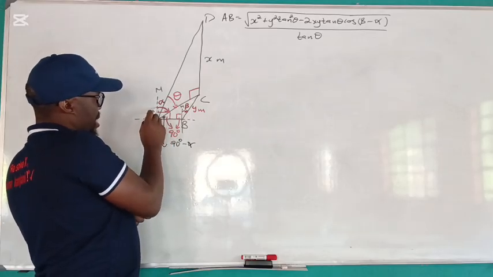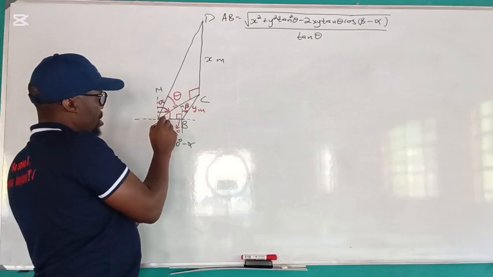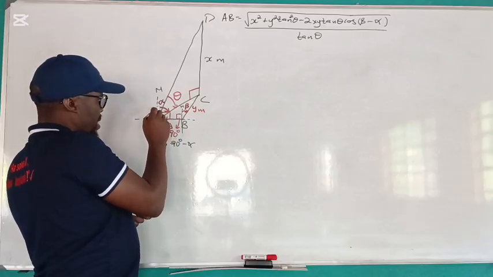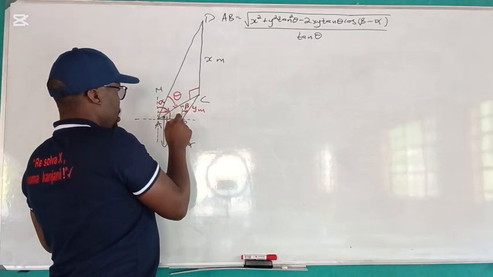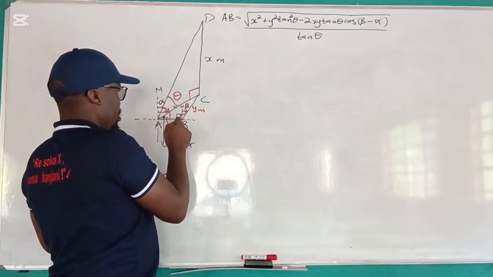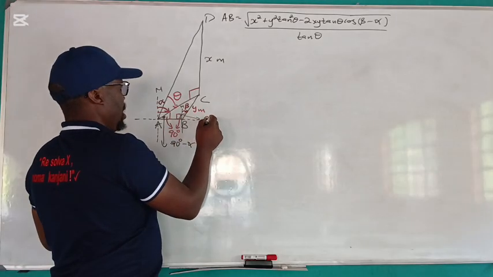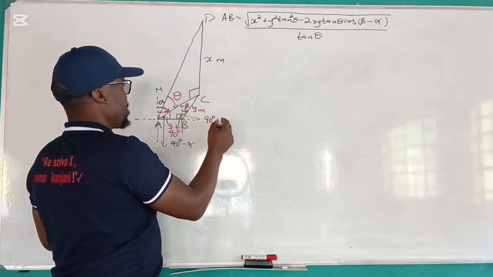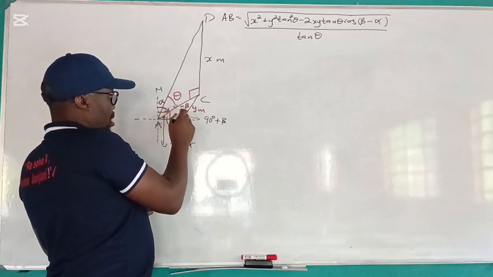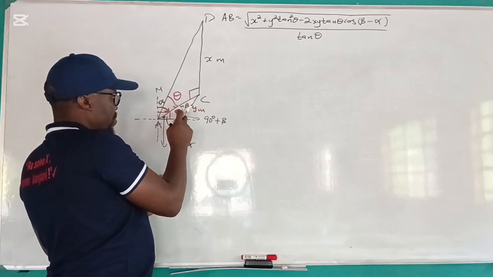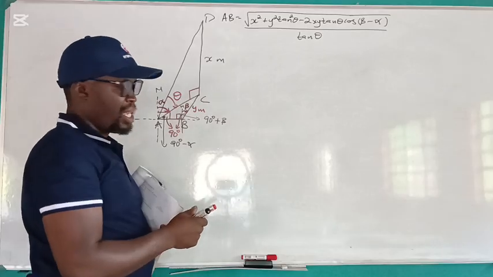Bear in mind that this angle over here is equal to alpha. This angle is equal to 90 degrees, therefore this angle should be 90 degrees minus alpha. And this whole angle should be 90 degrees plus beta. Of course, this angle being equal to 90 degrees, that angle being equal to beta, therefore this whole angle is equal to 90 degrees plus beta.